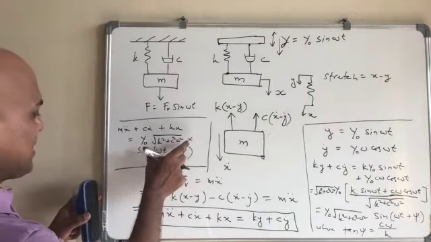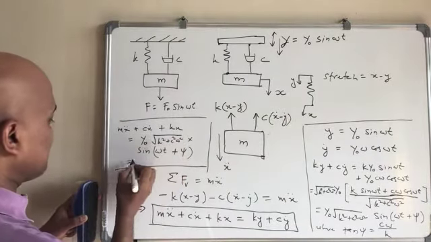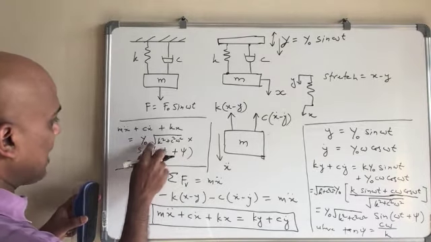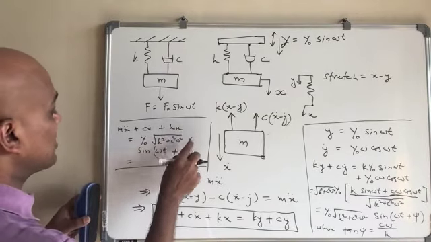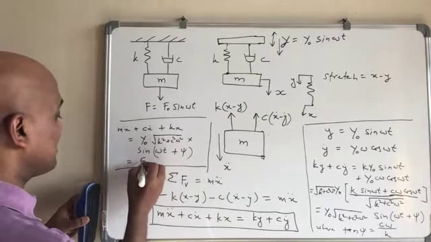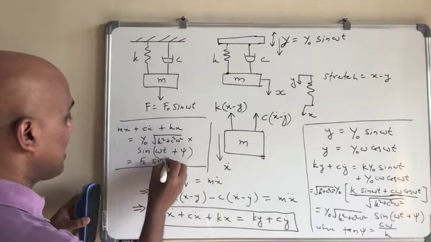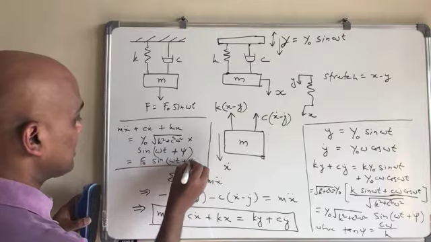You can simply write this as f naught. So f naught sine omega t plus psi.